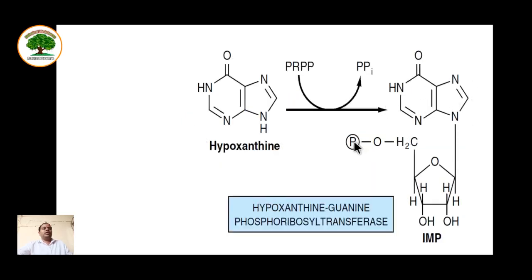For purines again, hypoxanthine is another intermediate that is obtained in different pathways. This is attached to PRPP directly and it forms IMP. Now this IMP can be used for synthesis of AMP and GMP. The enzyme required here is hypoxanthine guanine phosphoribosyl transferase.